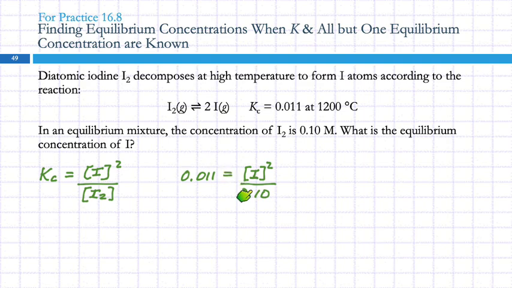So here I plug the numbers in, and then we're going to solve. You could also rearrange this, solve for I, and then plug the numbers in. So you can use your solver to do this, or we can multiply both sides by 0.10, which gives us I squared. And then we'll have to take the square root of that.